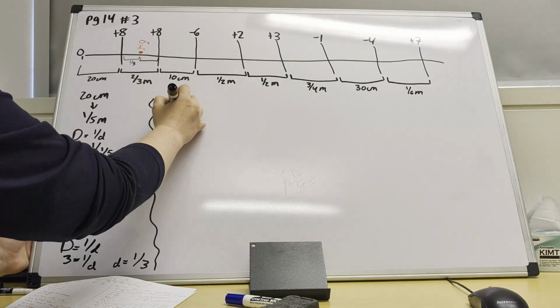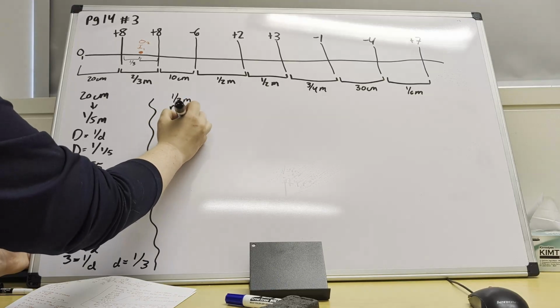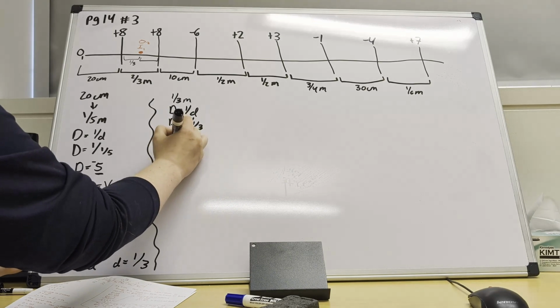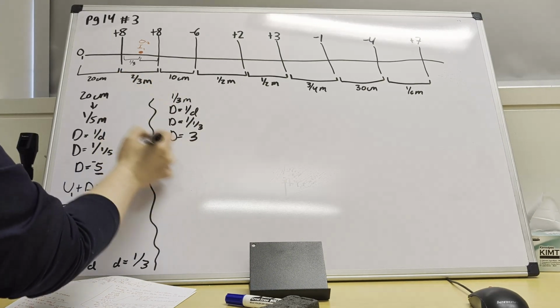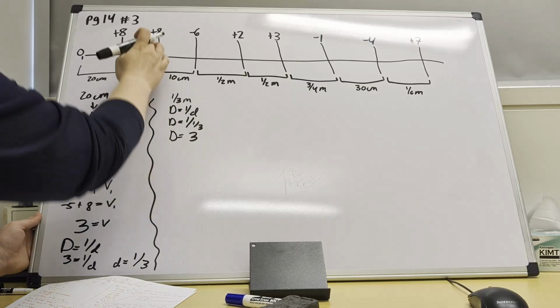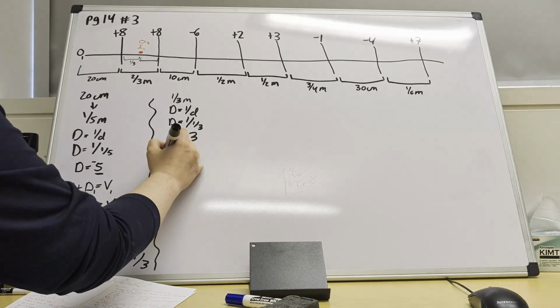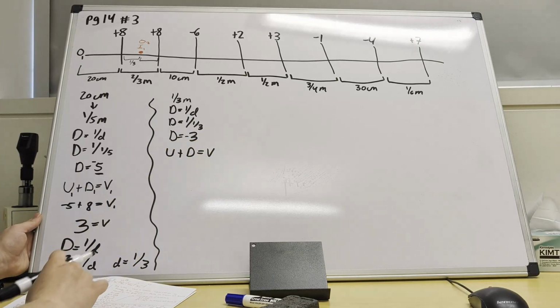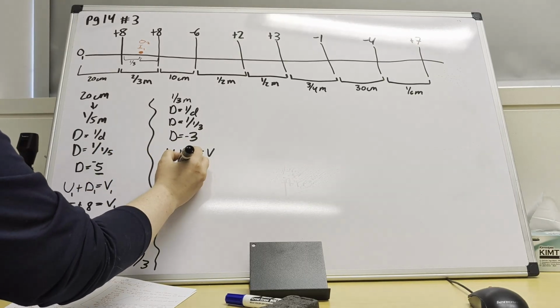We still need to plug this into diopters equals 1/distance. Diopters equals 1 over 1/3. Diopters is then going to simplify to a 3. We discussed that it's in front of this second lens, so that is going to make it negative. We're then going to plug this into U plus D equals V. Our U is going to be what we just figured out, the -3.